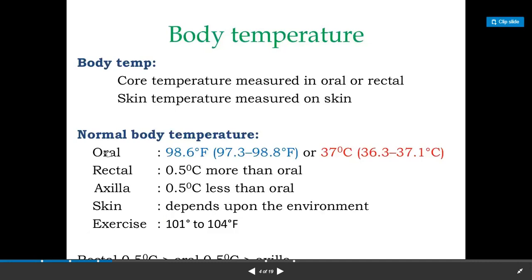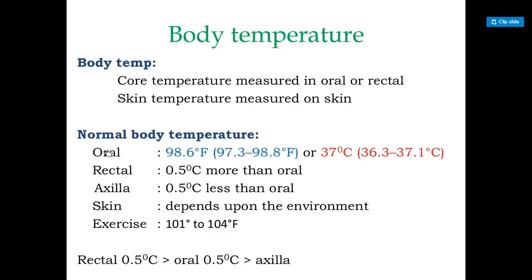The normal body temperature is 98.6 degrees Fahrenheit. It could range from 97.3 to 98.8 degrees Fahrenheit, but the normal amount should be 98.6. From 97.3 to 98.8 is the normal range, okay? Which does not cause problems.